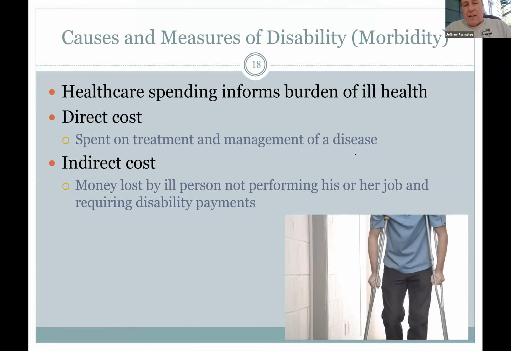So when we look at disability and morbidity, you can look at it with direct and indirect costs. The direct costs are what it costs to treat the disease. Maybe you're getting dialysis. Some morbidities are cheaper, and some more expensive.